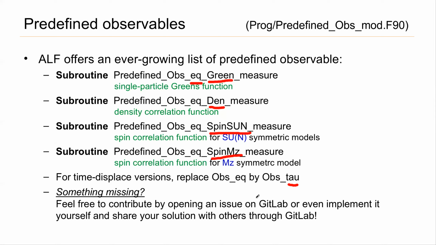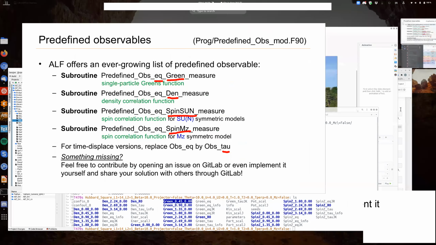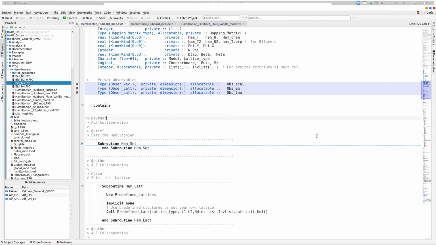Okay, so enough about these names of functions and what they do. Let's jump into the source code. Here I want to start with the Hubbard model where we actually use the predefined functions and then walk our way further and further.